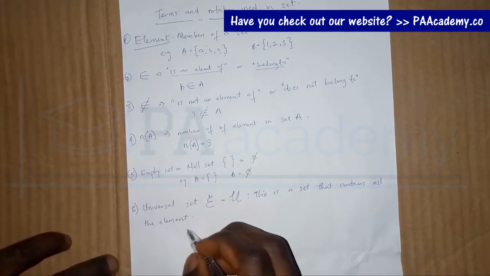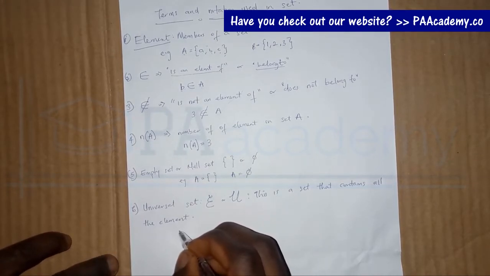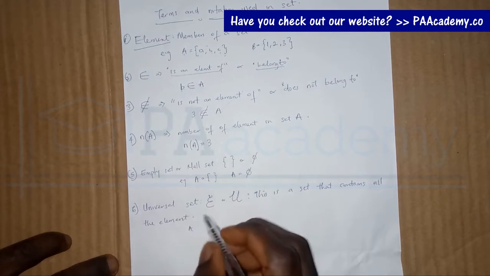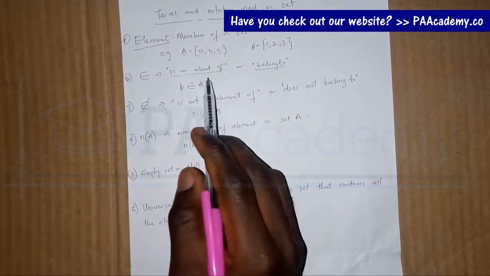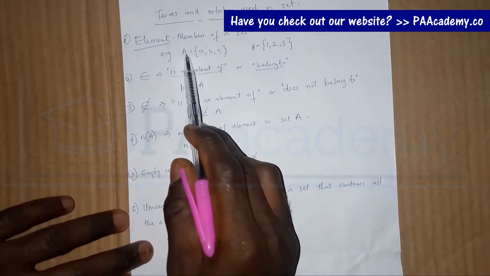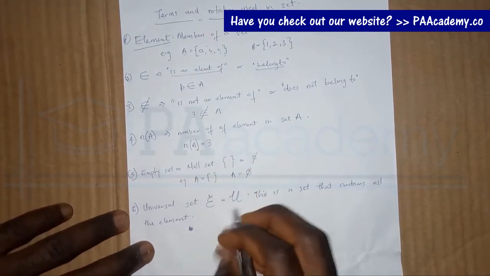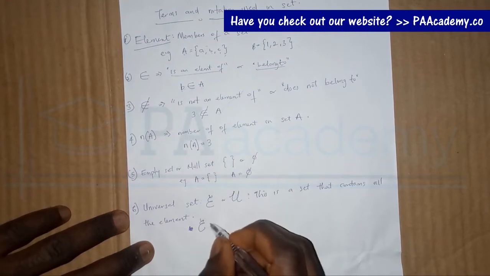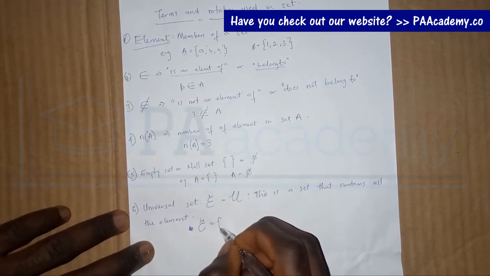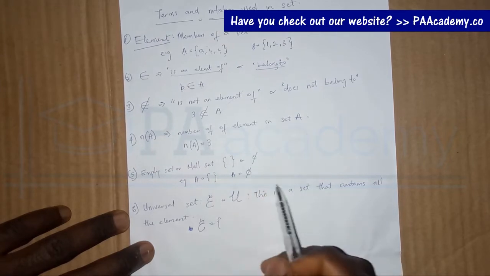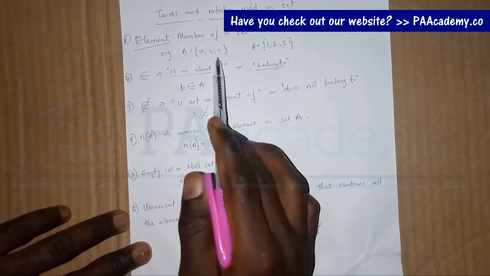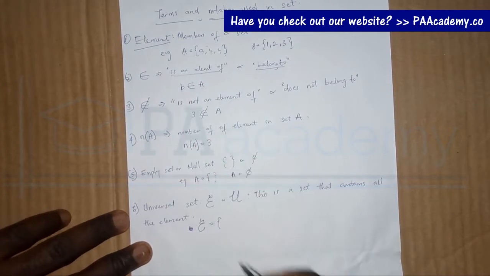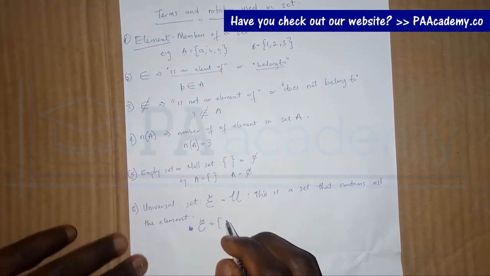If we have a set A, or let's use the one we have at the top, set A and set B, the universal set will have all the elements, both set A and set B and every other set that is under it. I hope that is clear. Alright, so that's for number 6.